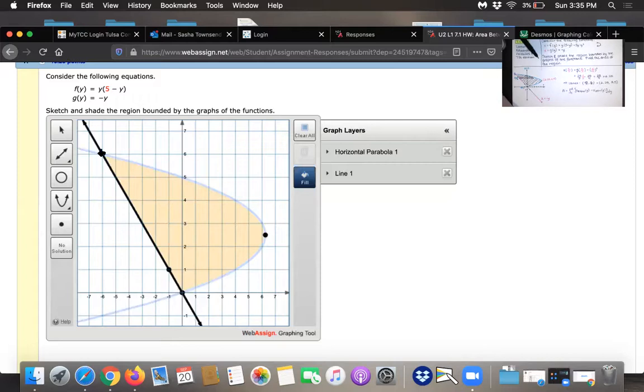That makes sense since x is equal to negative y. When y equals 6, x equals -6, and that point satisfies both this top function and this bottom function. So my bounds are y equals 0 and y equals 6, just from looking at my picture.